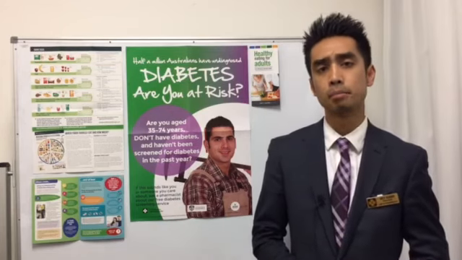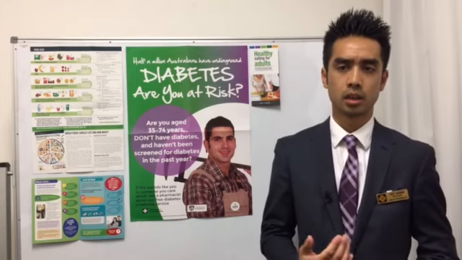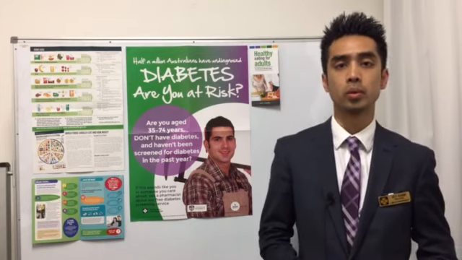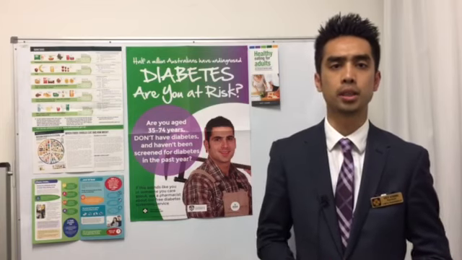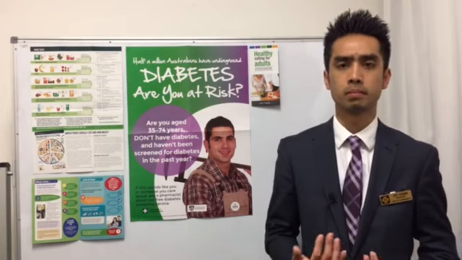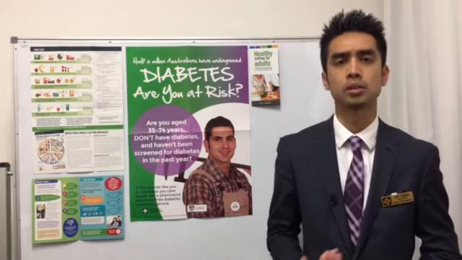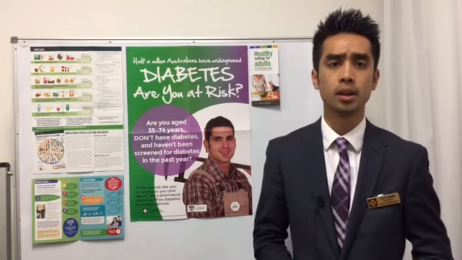The next type of diabetes is gestational diabetes. This diabetes occurs in pregnancy. As you have the baby, your blood sugar can go up, and the way your body metabolizes or breaks down the sugar is not the same as when you are not pregnant. For most people, the gestational diabetes will go away after giving birth.